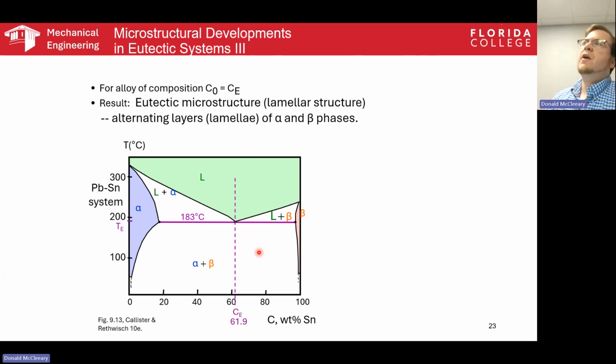Think about it this way: your alpha and beta phases, they want to interact with one another, and they want to kind of layer up, right? But if you have too much of one, there's not enough of it to mix into the other, right? So they have to kind of form globules all by themselves.